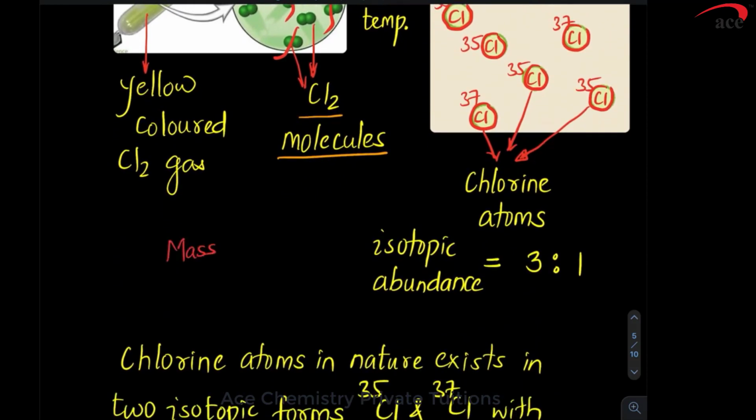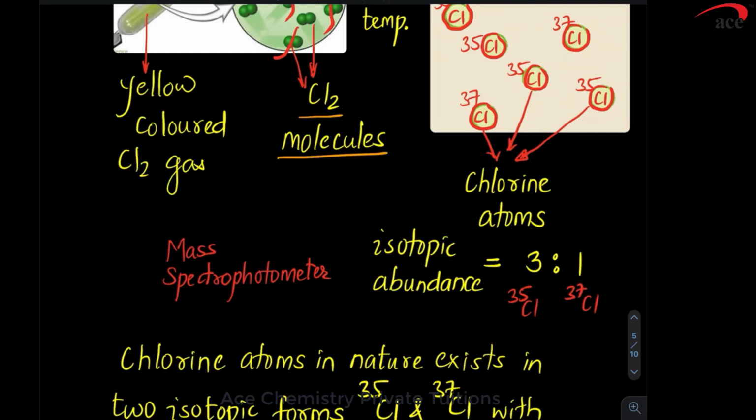When we studied this with mass spectrophotometer, what is that? It is a device to find out the proportion of these isotopes. We realized chlorine 35 atoms were 3 parts and chlorine 37 were in 1 part in number.